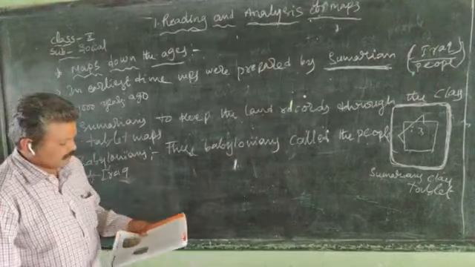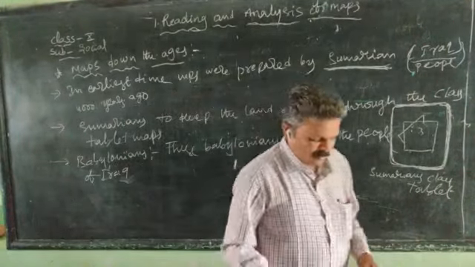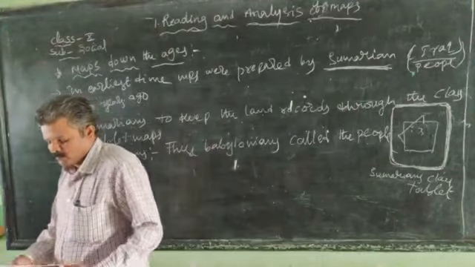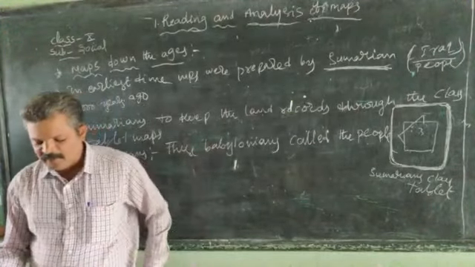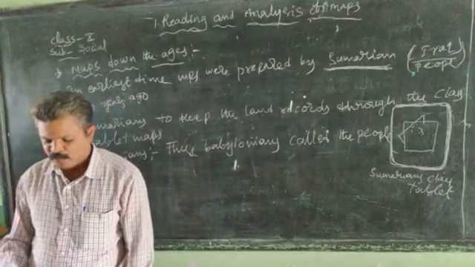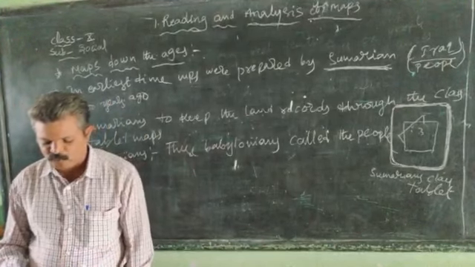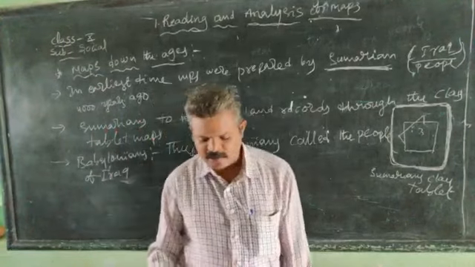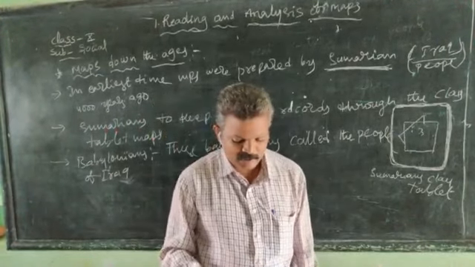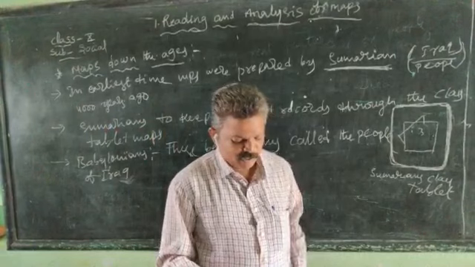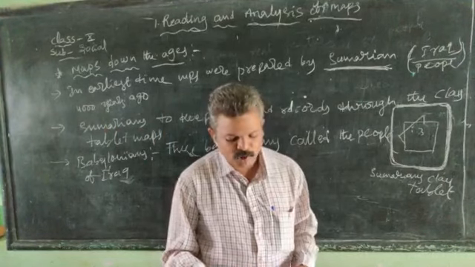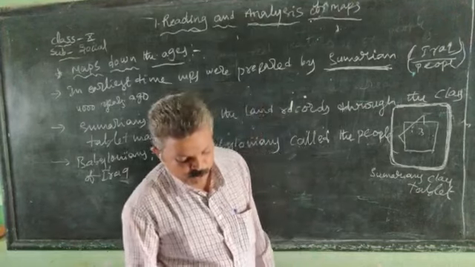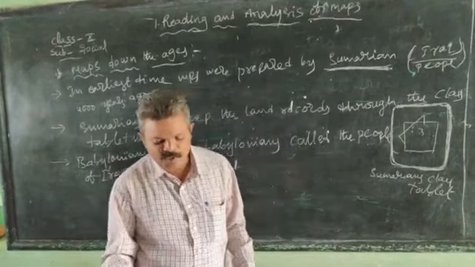So here, how did they prepare maps? They made some of the earliest world maps, on a clay tablet about 2600 years ago. They imagined the world as a round disc.